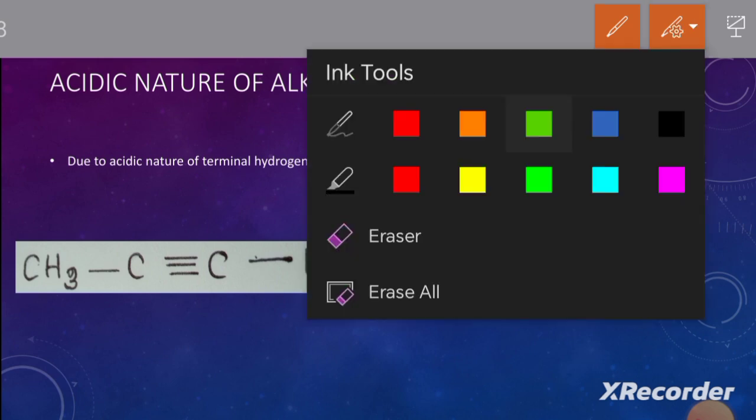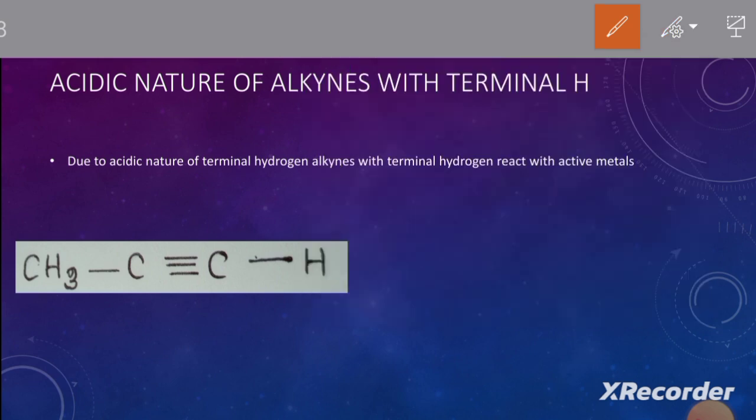But in this case, you can see that instead of this hydrogen, there was CH3 like this, right? That means here, in the terminal it has hydrogen, it is true, but it is not called the terminal hydrogen. The reason is that this carbon is not directly attached to the triple bond.